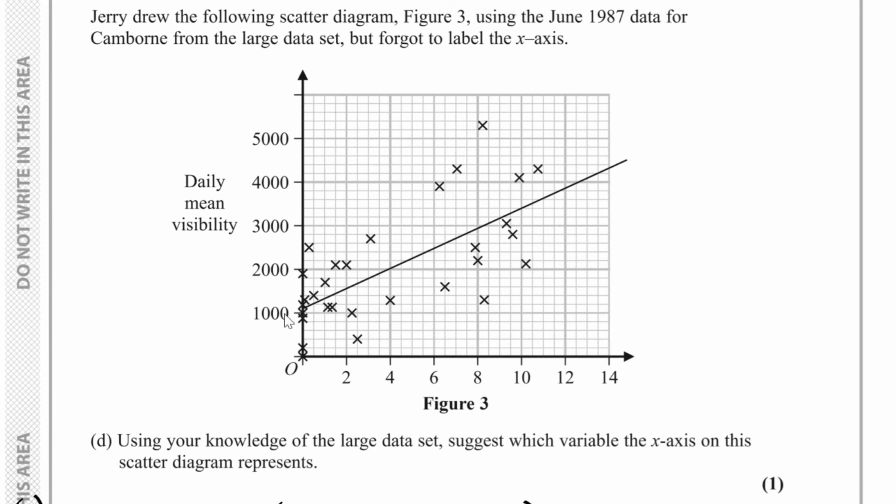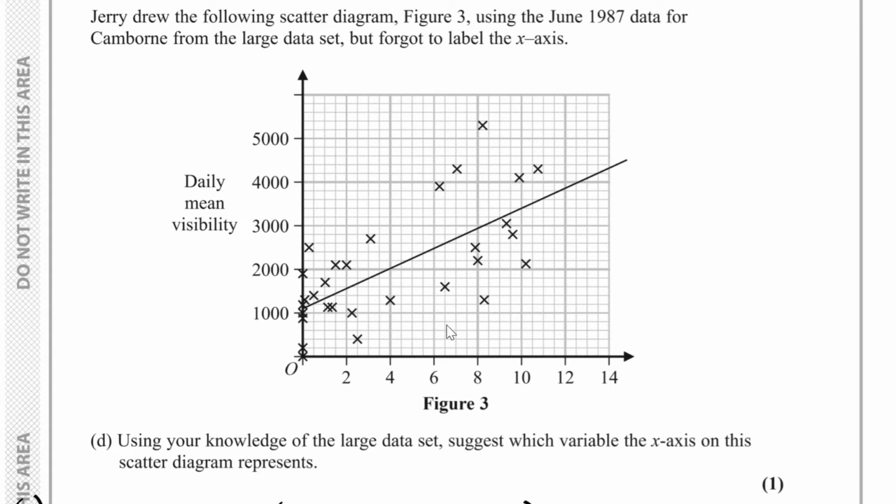Now for part D of the question, Jerry drew the following scatter diagram, figure 3 shown here, using the June 1987 data for Cambron from the large dataset, but forgot to label the x-axis. And using our knowledge of the large dataset, we have to suggest which variable the x-axis on this scatter diagram represents.